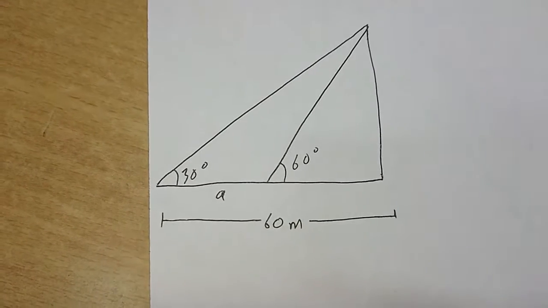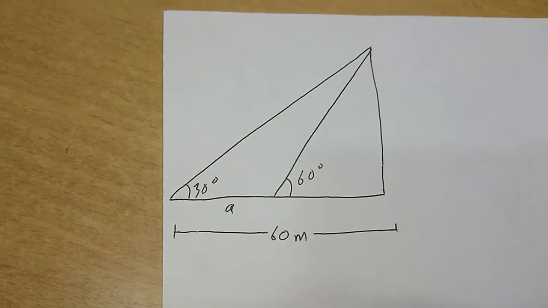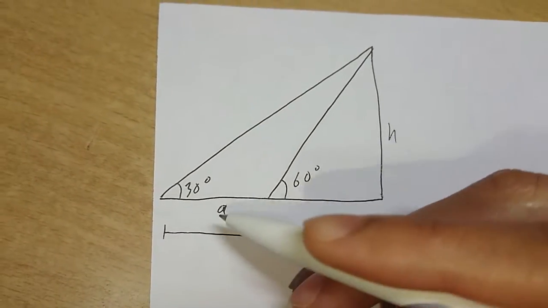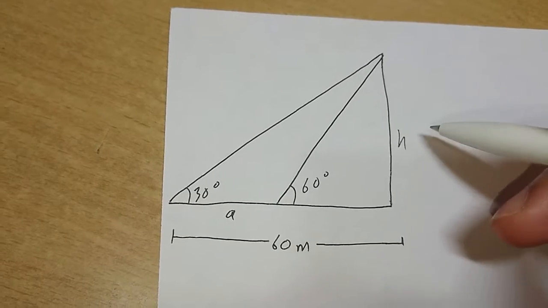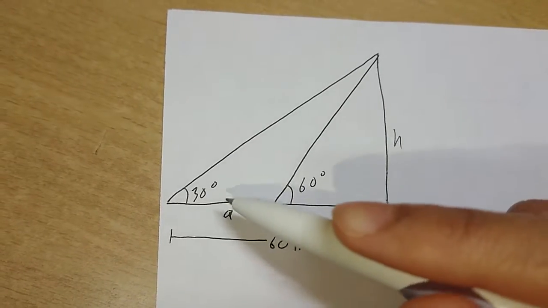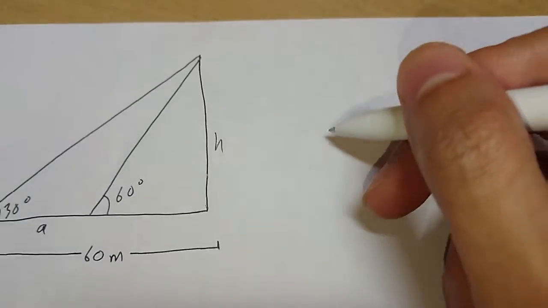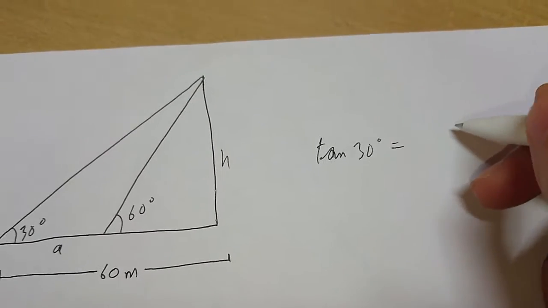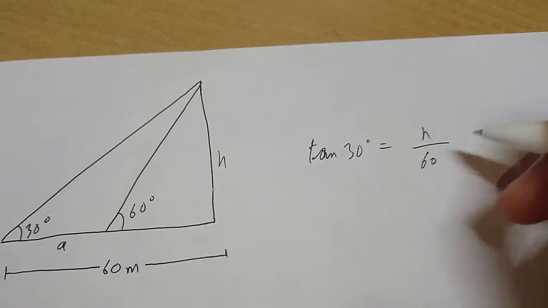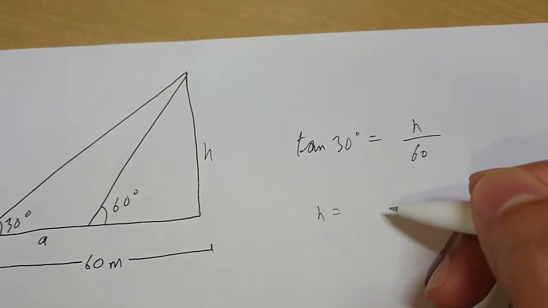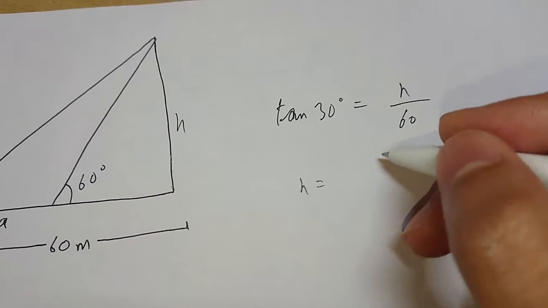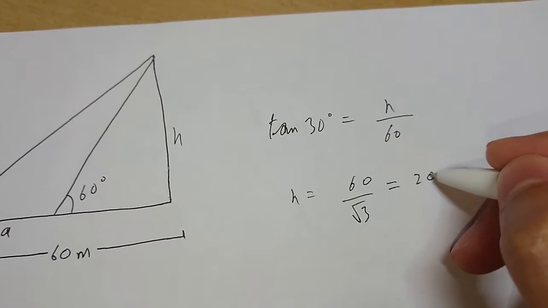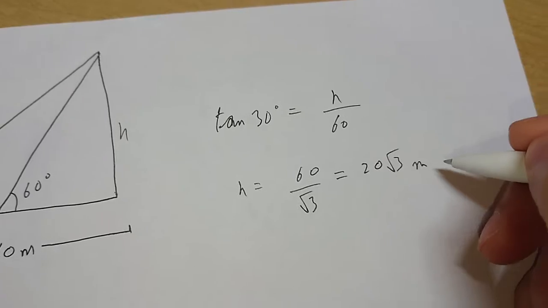To do this we have to first find this edge, and then we can find this A. To find the edge we can apply the tangent of 30 degrees. That is tangent 30 degrees equals h over 60, which gives us h equals 60 over square root 3, that is equal to 20 root 3 meters.